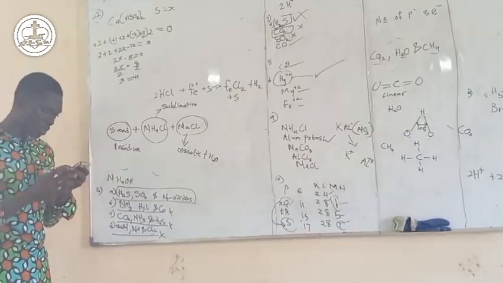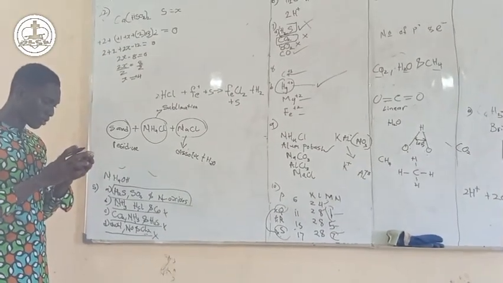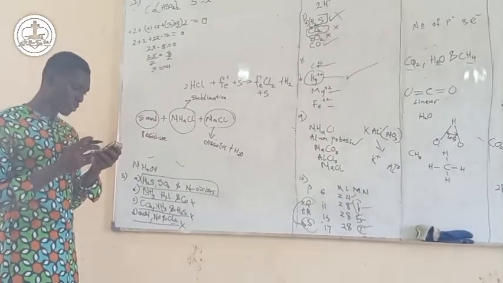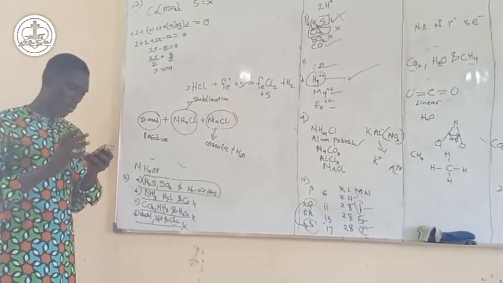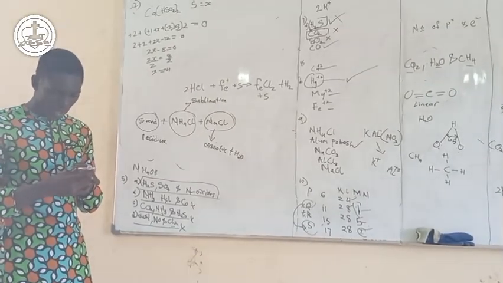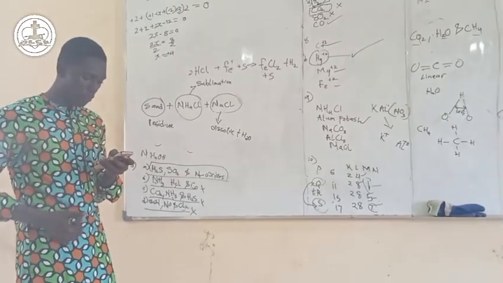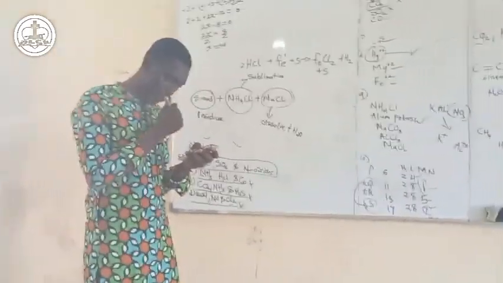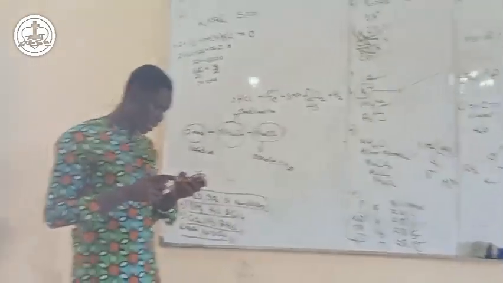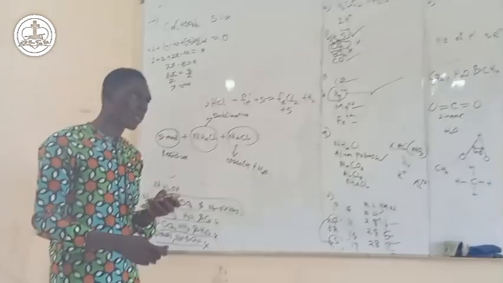So moving to the next question, question number 26 says a pure solid usually melts A, over a wide range of temperature; B, over a narrow range of temperature; C, at lower temperature than the impure one; D, at the same temperature as the impure one.